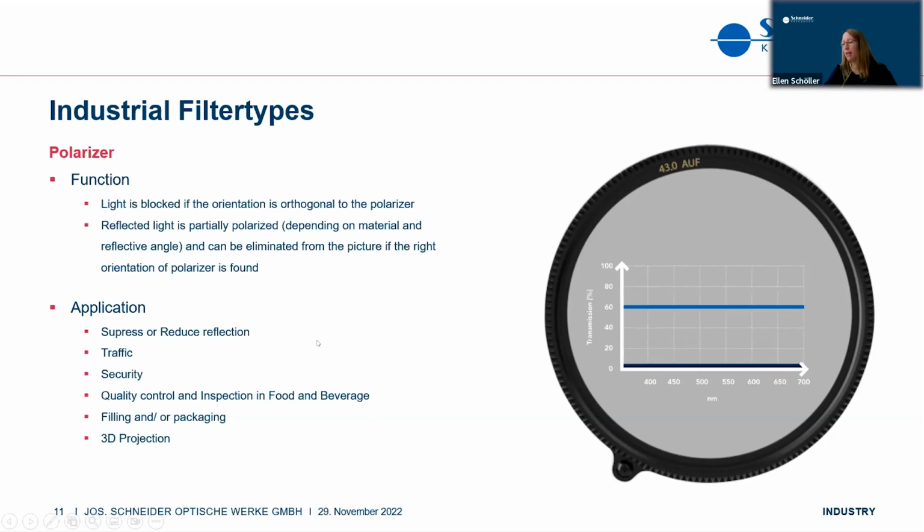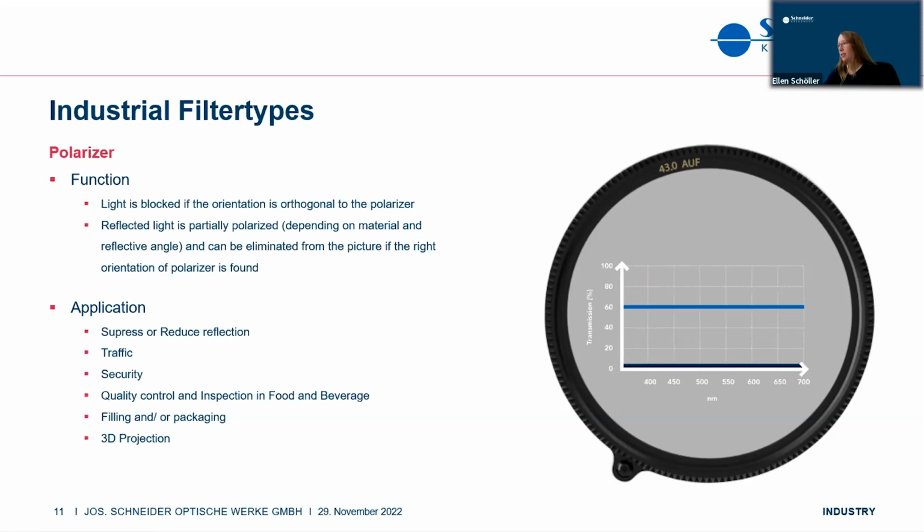You can use a polarizer and reduce or suppress the reflection and easily read the code behind. But of course, application markets are also traffic or security or 3D projection. So there's a big part where you can use polarizing filters.